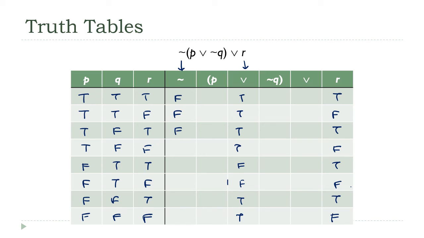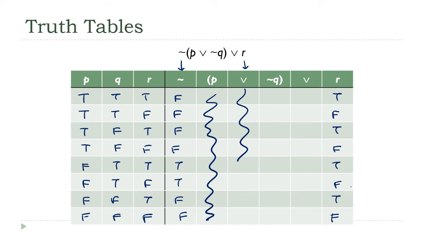False, false, false, false, true, true, false, false. And again, now that I've done this, I don't need this one anymore. And if you like, just to make it clear, you can fill these in. Just to make it clear, we did do those rows, right? When they start to get bigger like this, you can maybe get a little confused and think, well, did I do that or not? Well, just shade them in a little bit, right? That'll help to organize that for you.